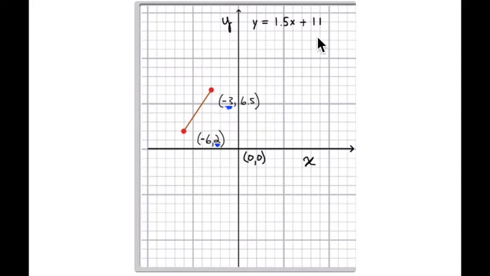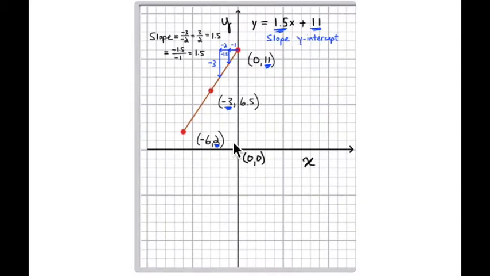So up here we can see that the y-intercept is 11. So 0, 11, this point right here is going to be on this line, and the slope is 1 5/10, or you can look at it as 3/2. So here's 0, 11, so that point is on this line. So 0, 11, this is the y-intercept, and this is the slope.